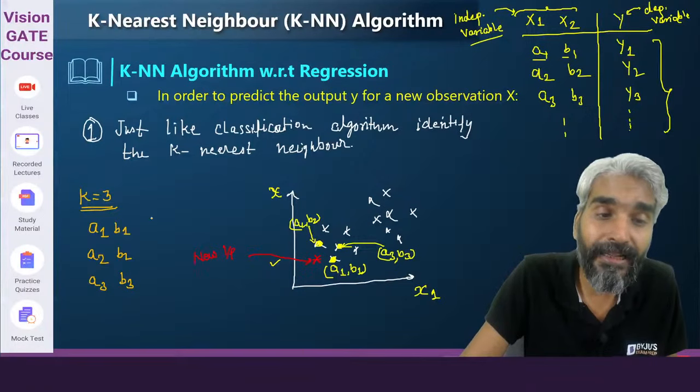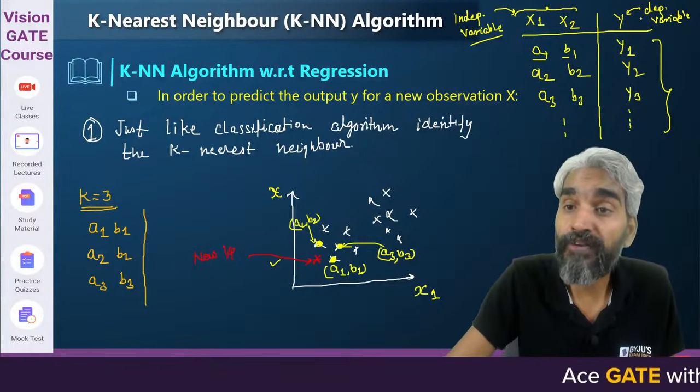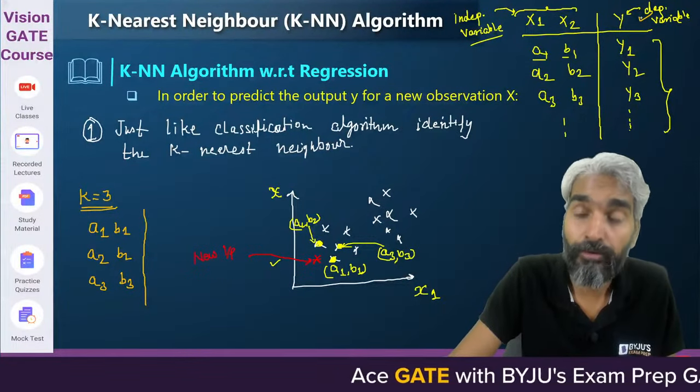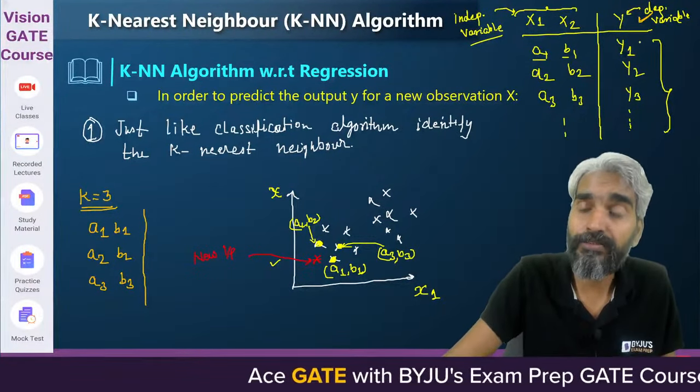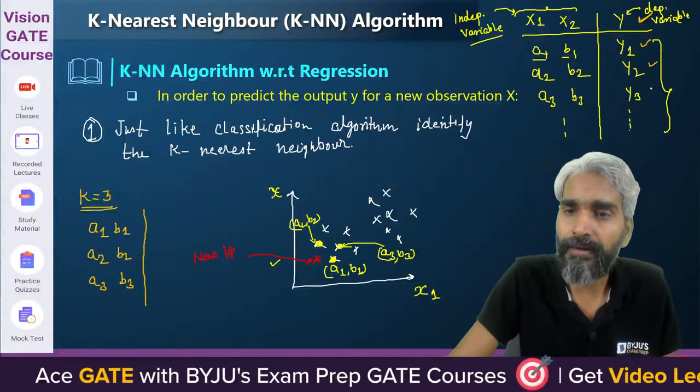Once you have identified the k nearest neighbors, do you know the value of the dependent variable? This is supervised learning. You are training the data. So in the training data, you already have the value of the dependent variable.